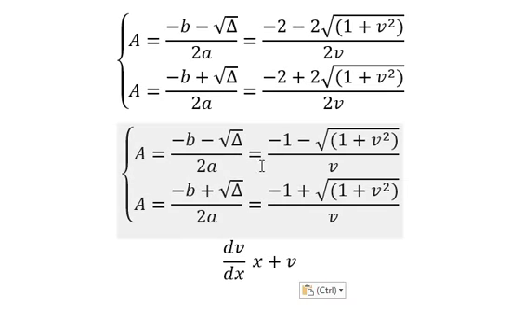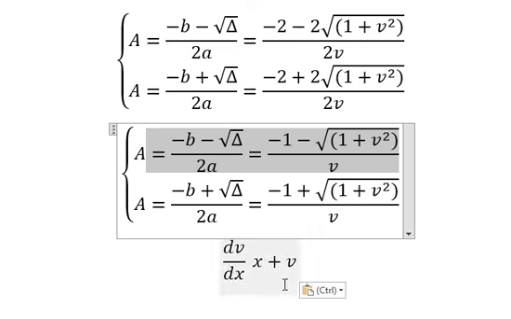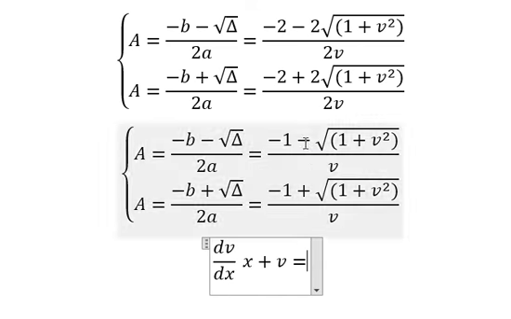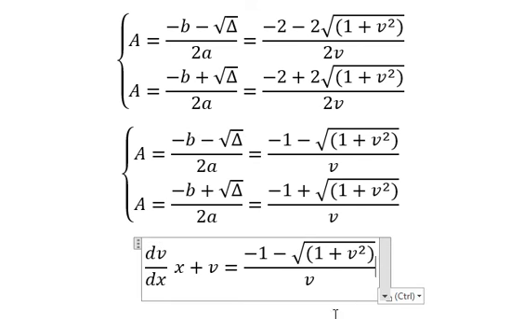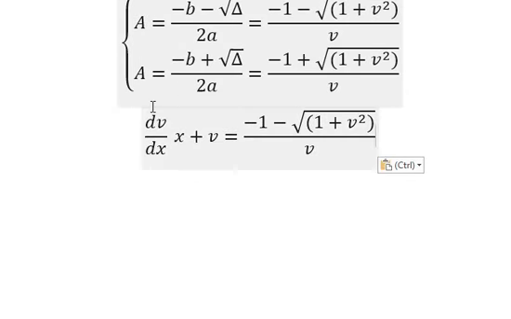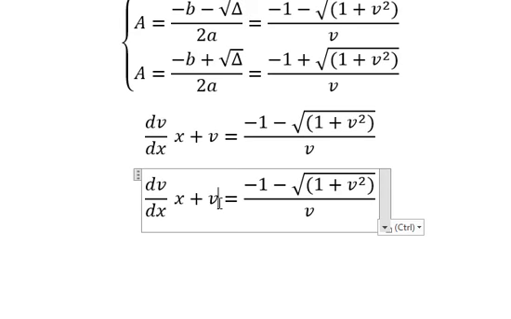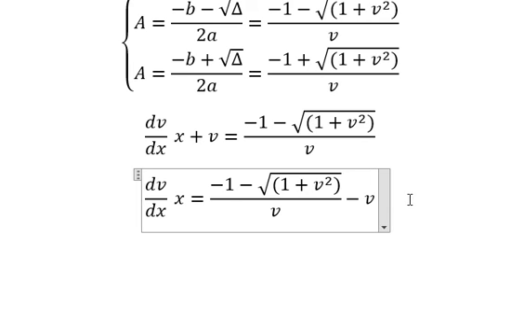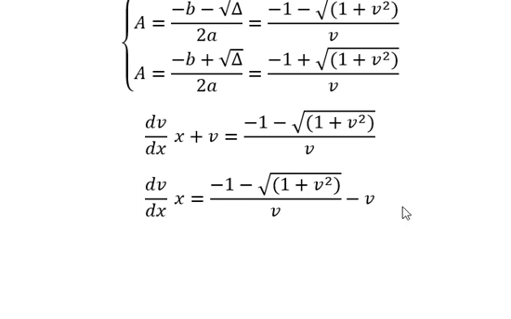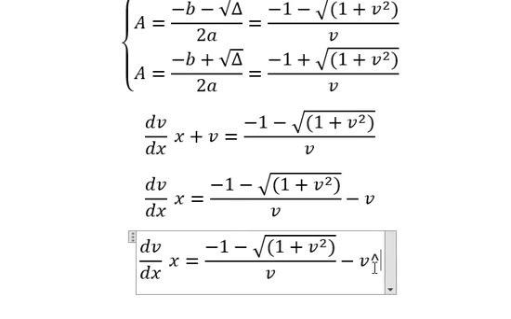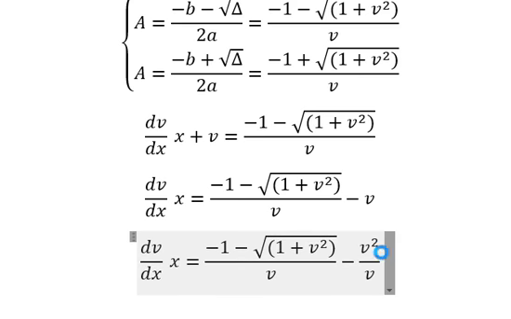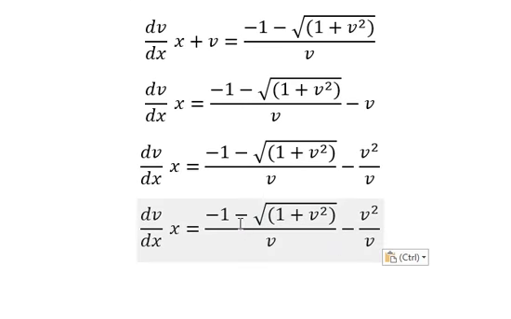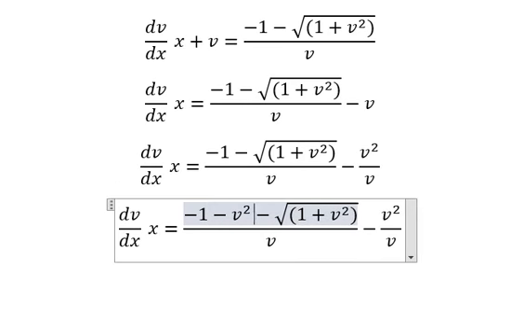So I will go to the first equation. So v we put on the right. So we can do a common denominator. So this one we will have negative v squared.